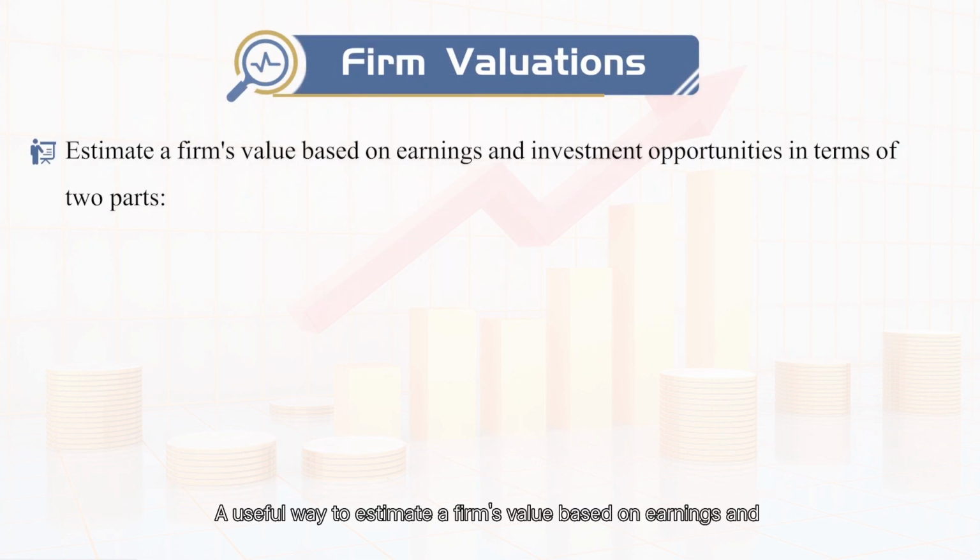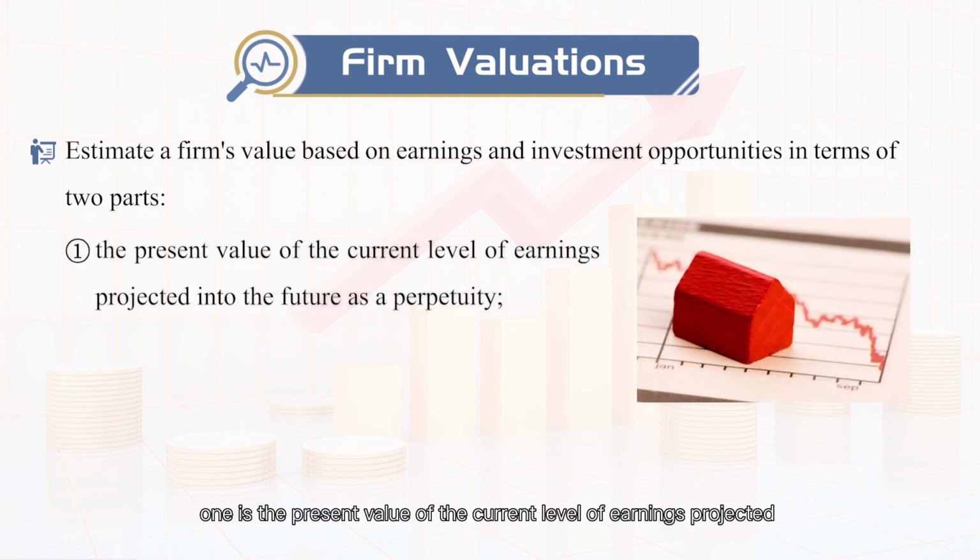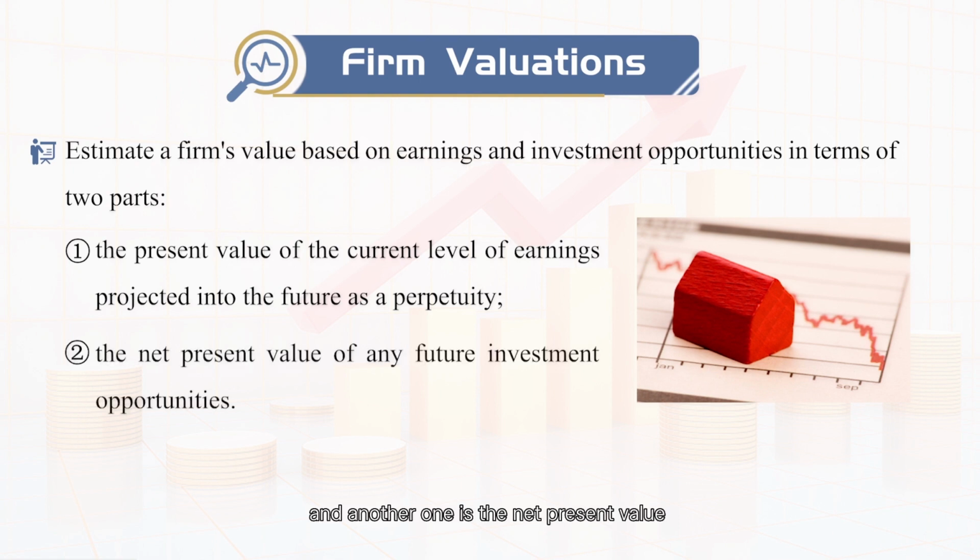A useful way to estimate a firm's value based on earnings and investment opportunities is to partition the firm's value into 2 parts. One is the present value of the current level of earnings projected into the future as a perpetuity, and another one is the net present value of any future investment opportunities, that is, new earnings generated less the new investments necessary to generate them.